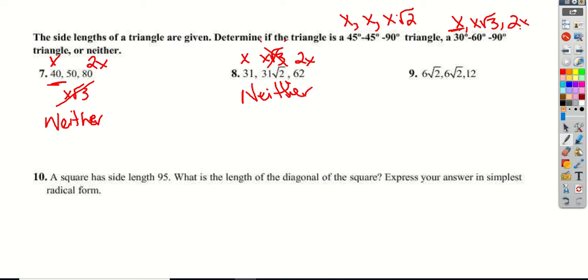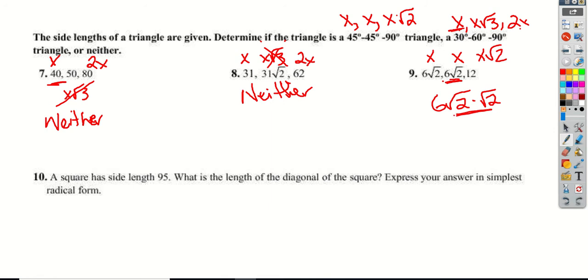All right, the last one is supposed to follow, if we got the radical 2, it's supposed to be x, x, and x radical 2, or it's going to be x, 2x, which doesn't fit here. So the question is, is 6 radical 2 times another radical 2 equal to 12? Let's see. Radical 2 times radical 2, I'm going to do that first.